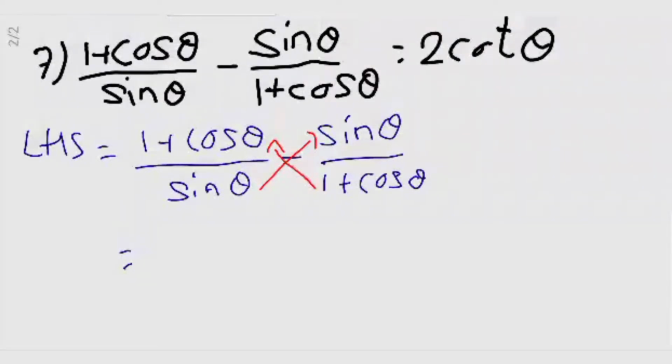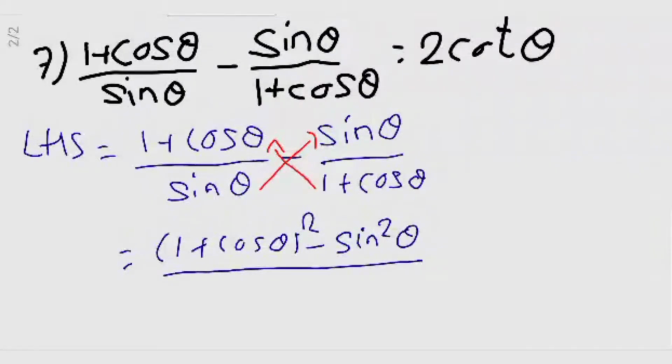So here we got (1 + cos θ)(1 + cos θ) is (1 + cos θ) whole square, and minus sin θ into sin θ, sin square θ, and this divided by sin θ (1 + cos θ).